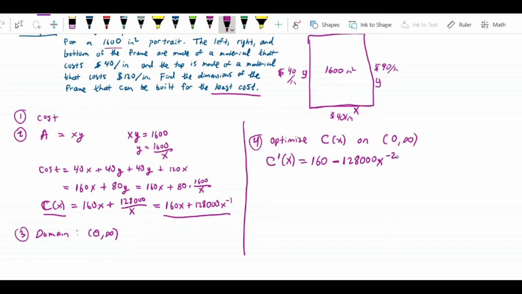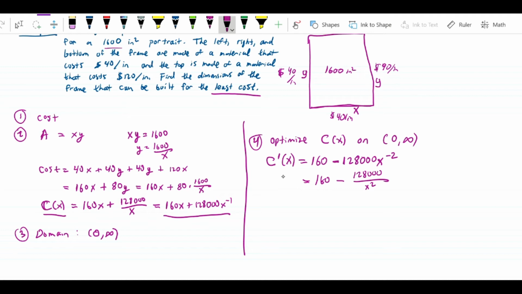This, by the way, is equal to 160 minus 128,000 over x squared. So I want to solve for when this expression is 0. It is undefined at 0, but we've already determined that x equals 0 is not in the domain. There's no place in the domain of C that the derivative is undefined, so we're just looking for places where it's 0.